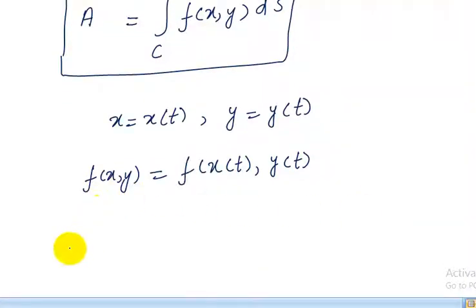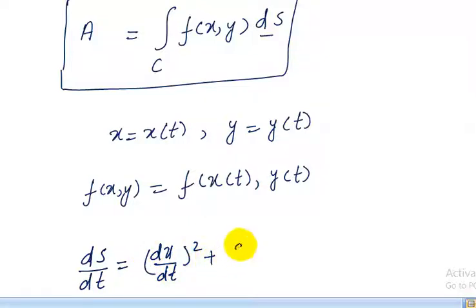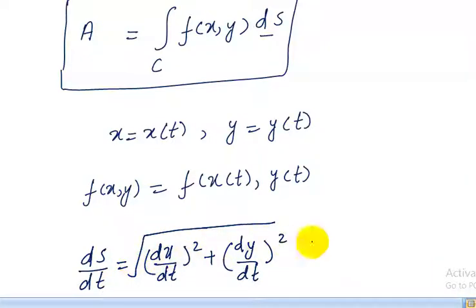Now in this case, ds can be found by the relation ds upon dt is equal to the square root of dx upon dt whole square plus dy upon dt whole square. This is the relation for finding ds.